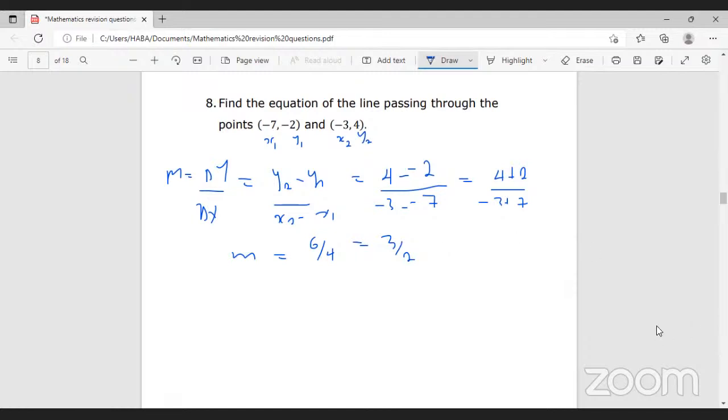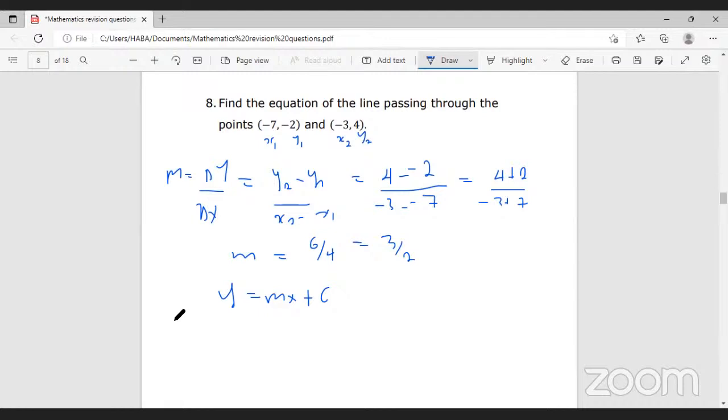What do you do after this? We use the formula for equation of the line, y equals mx plus c. So which point do we choose? Let's take the first bracket.